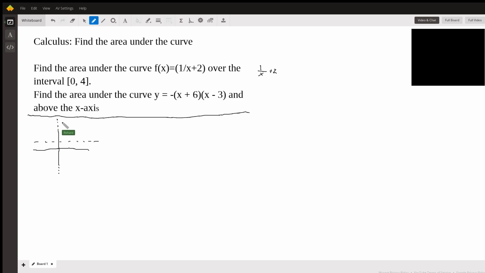And the curve itself looks something like this, and it's going to look like this over here on this arm here.